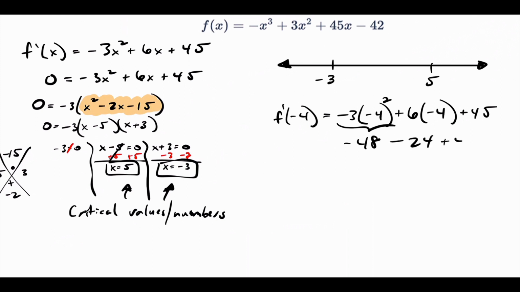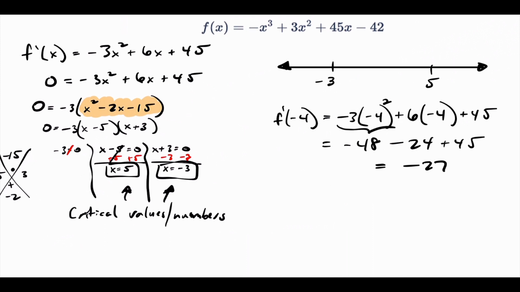Minus 24 plus 45. When I add those, it's going to give me a negative number. What number? I don't know. Negative 27, I think. So that means anything less than negative 3 is going to give a negative derivative. Decreasing.